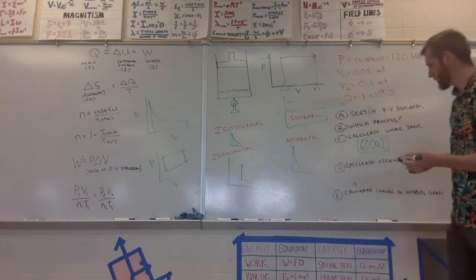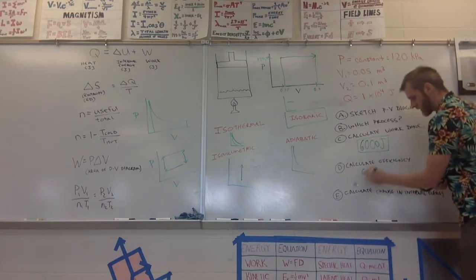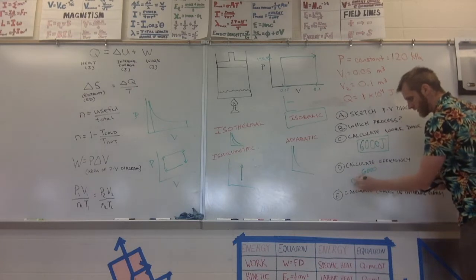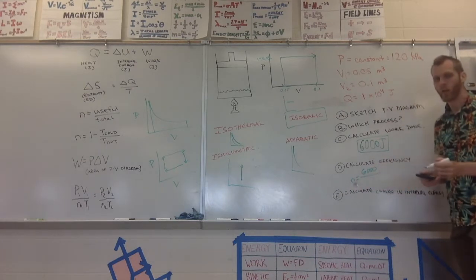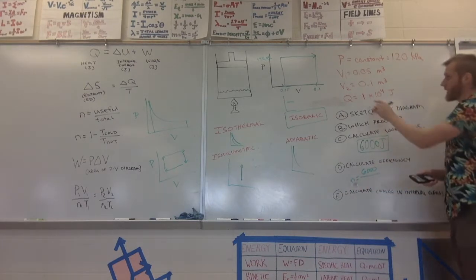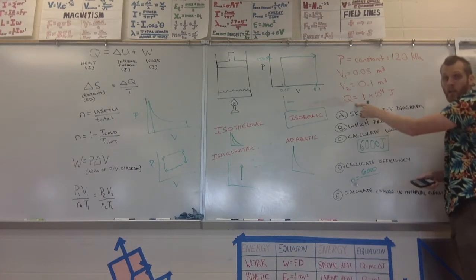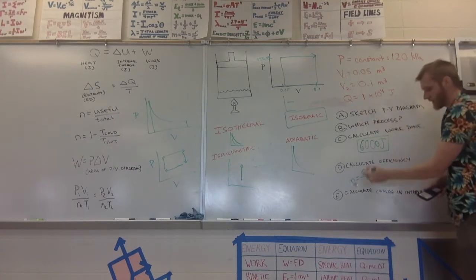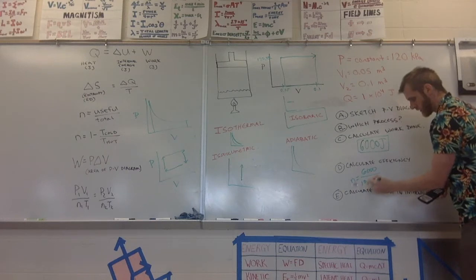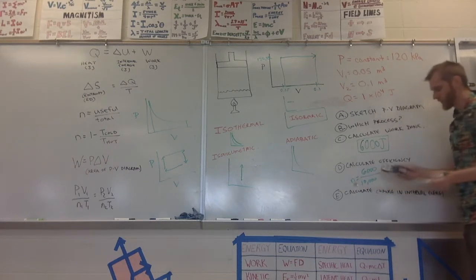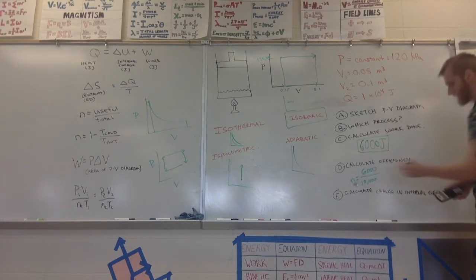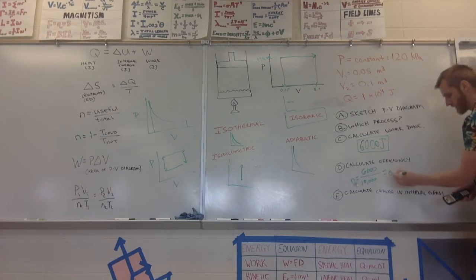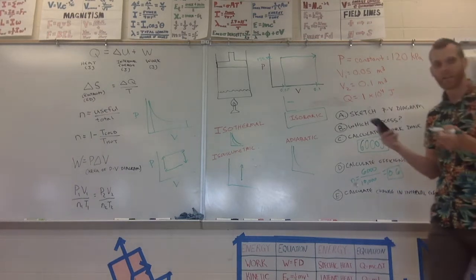So 6,000 was my useful. Efficiency is useful over total. How much energy did I put in? My heat, that's what I put in. I heated it up with 1 times 10 to the fourth, 10,000. So 6,000 over 10,000 is 0.6. So my efficiency would be 0.6 or 60%.